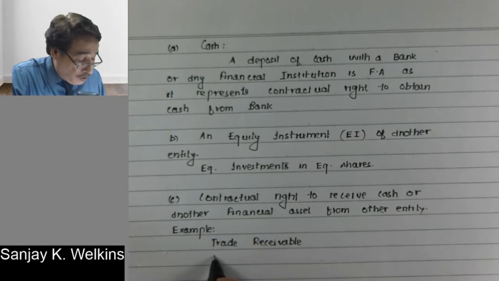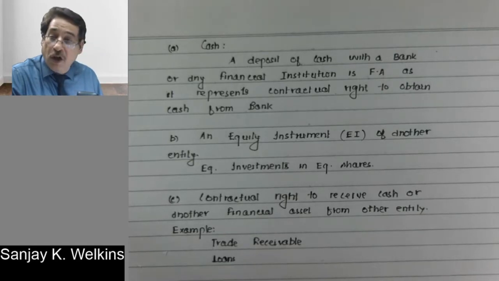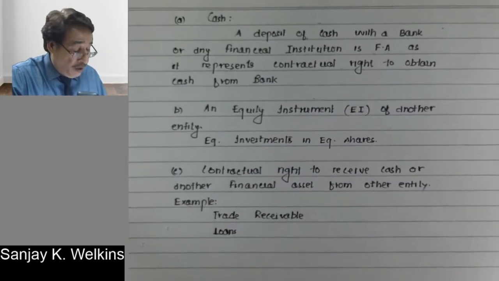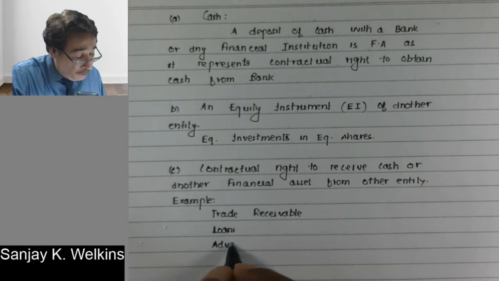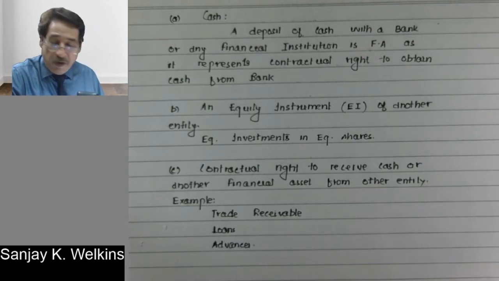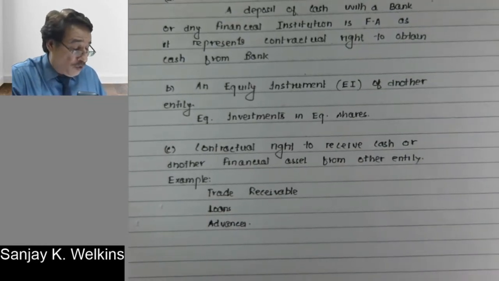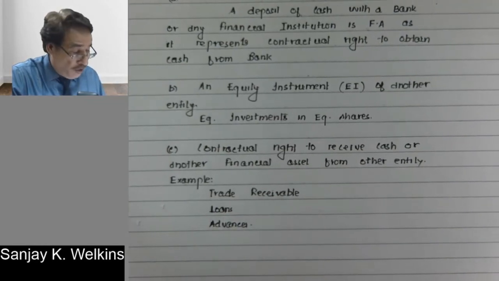Similarly, loans. Suppose I have given loans to somebody, then I have the contractual right to receive cash or another financial asset against the same. Similarly, advances. If I have given some advance to somebody, all these are examples of a contractual right to receive cash or another financial asset. So all these will be considered financial assets.